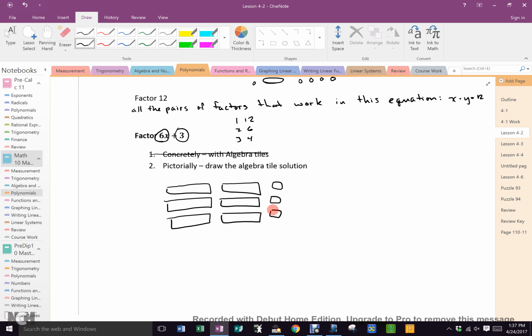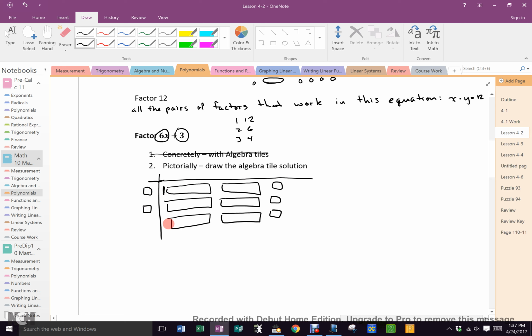Now you guys all told me this is a product, right? This rectangle is a product, and the product's in the middle, right? So where do the factors live? On the outside. How long is this section? That's 1, right? How long is this section? 1, right?